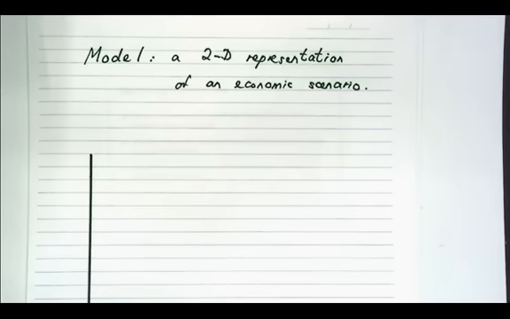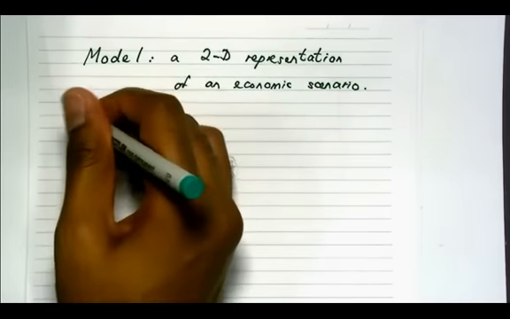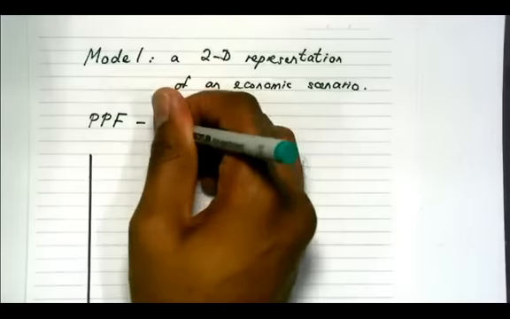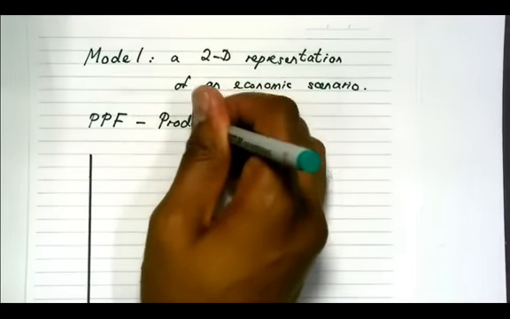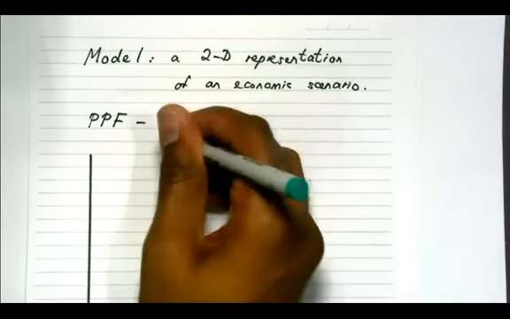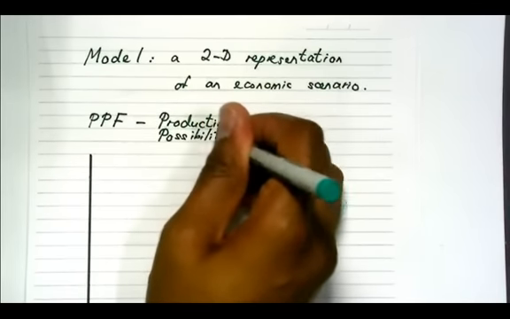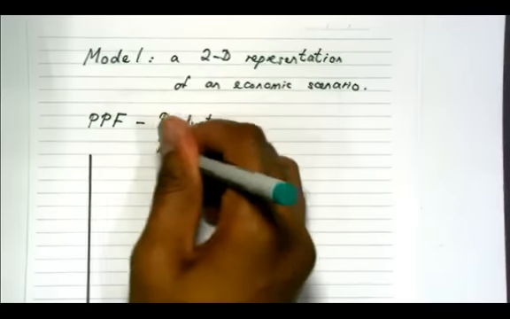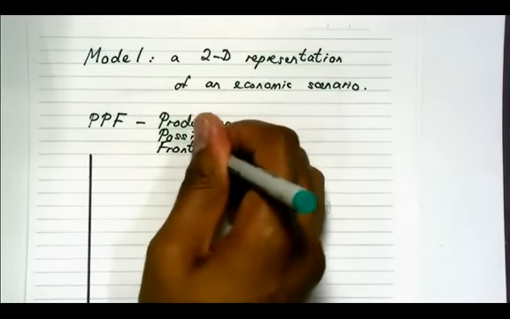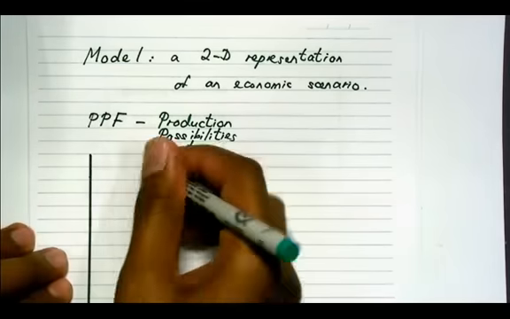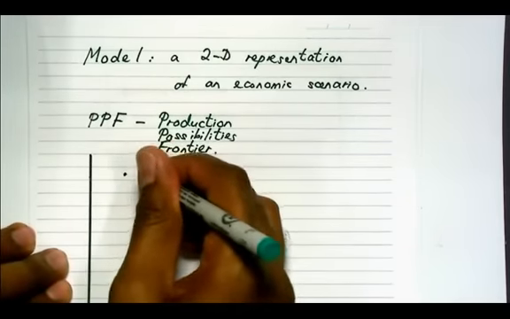So the first model that we'll be looking at in this course is the PPF, or Production Possibilities Frontier for short. Production Possibilities Frontier. So it's a model about production, as the name implies. It's got nothing to do with consumption. It is simply about what are we able to do?